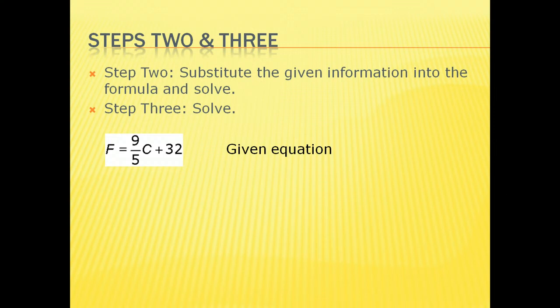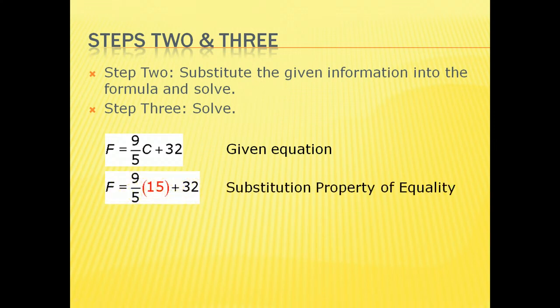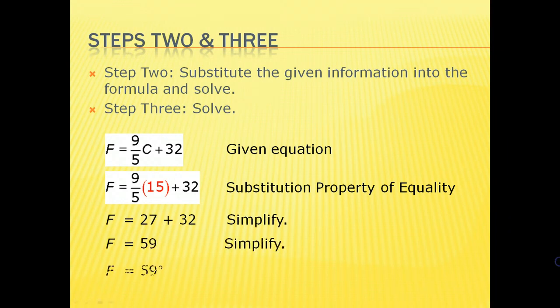We substitute in that the Celsius is 15, and this is the substitution property of equality. We simplify, and simplify again, and then we state our answer. We have 59 degrees Fahrenheit when we have Celsius 15 degrees.